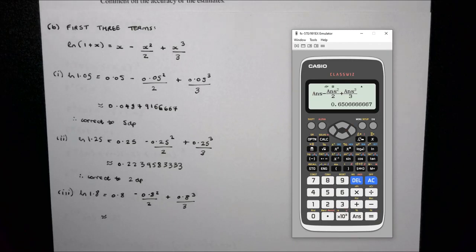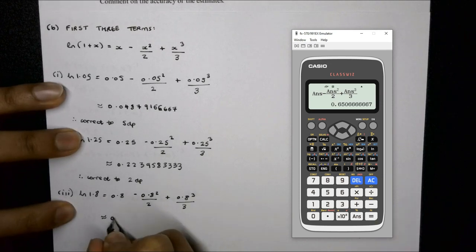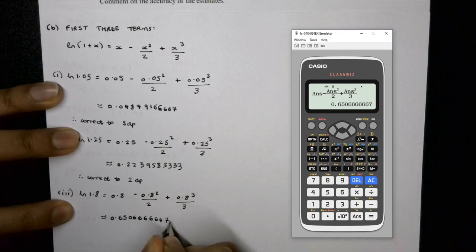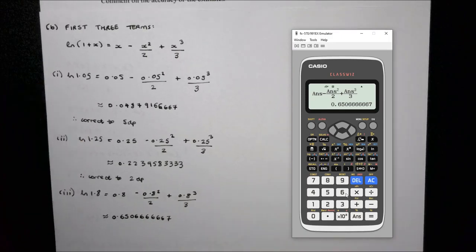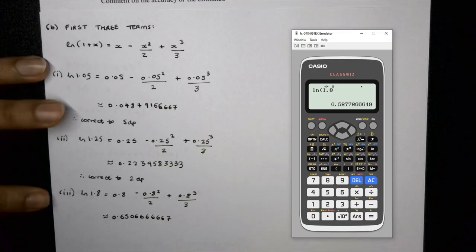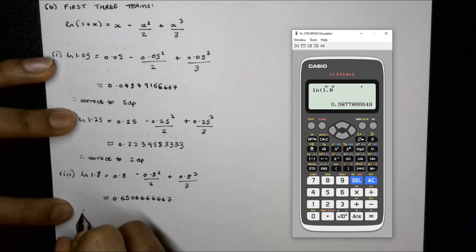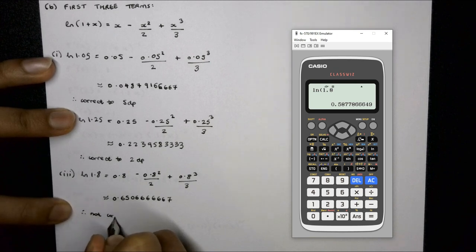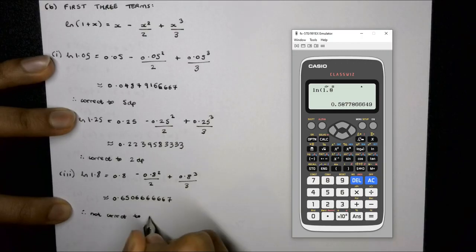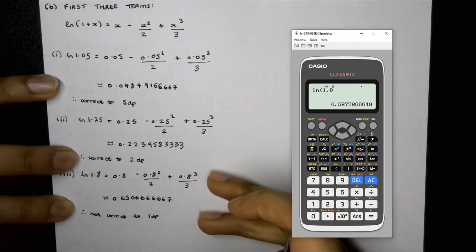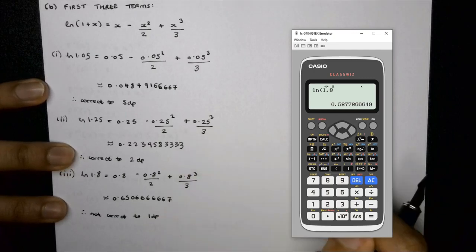So it turns out here we get 0.6506666667. And if we work out the actual value of the natural log of 1.8, you'd find we get this value over here. So this is not correct to even one decimal place. So therefore, not correct to one decimal place. To make this more accurate, of course, we'll need many more terms than this.